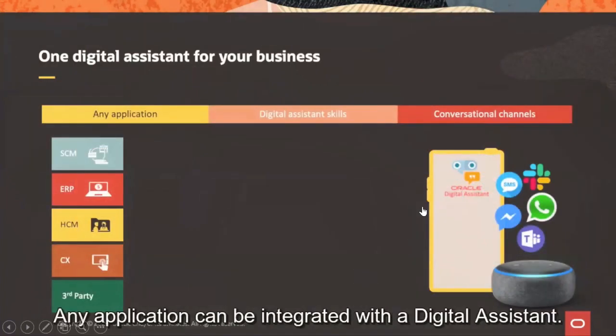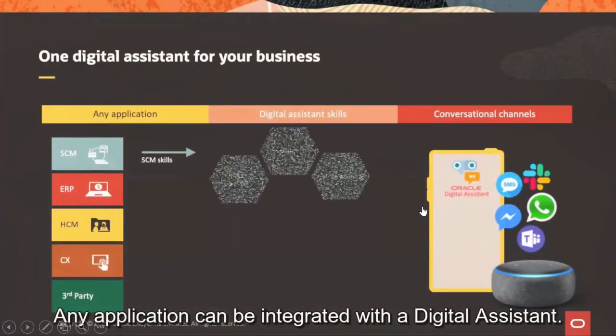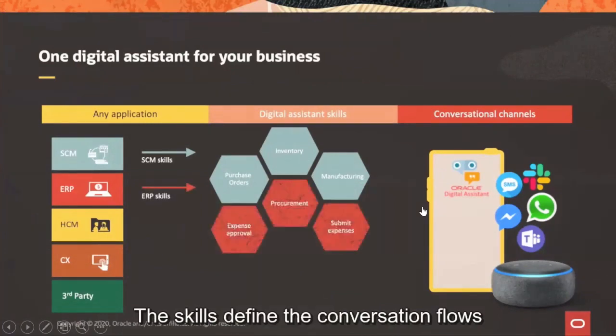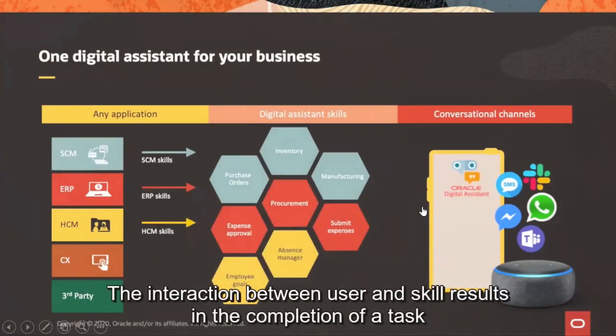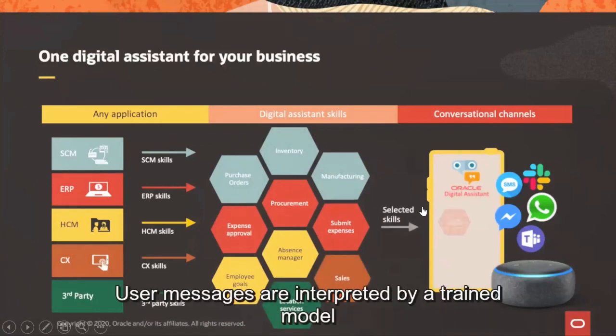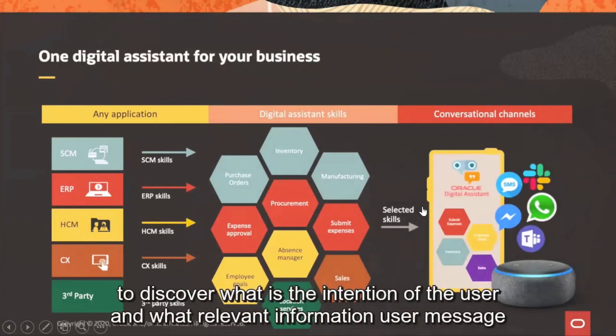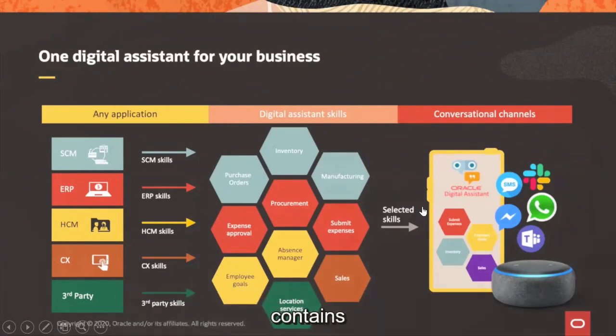Any application can be integrated with a digital assistant. The skills define the conversation flow. The interaction between user and skills results in the completion of a task. User messages are interpreted by a trained model to discover the intention of the user and what relevant information the user message contains.